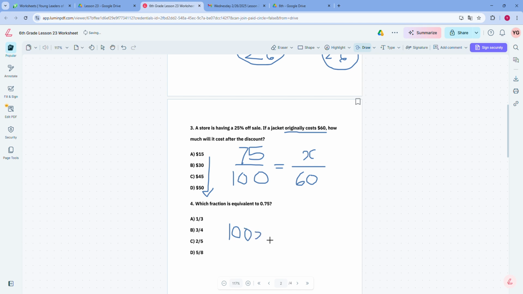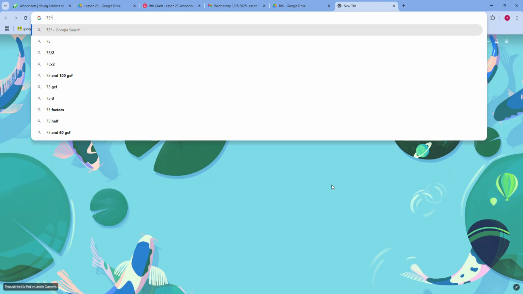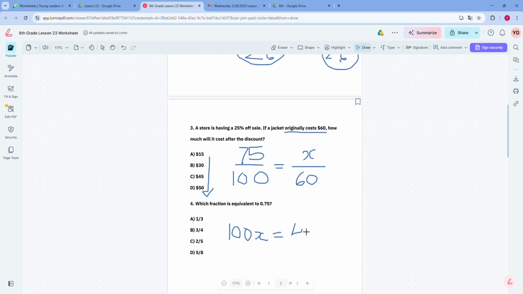So 100x is going to be equal to 75 times 60, which is 4,500. And then if you divide both by 100 to get x alone, x would be 45. So that's our answer.